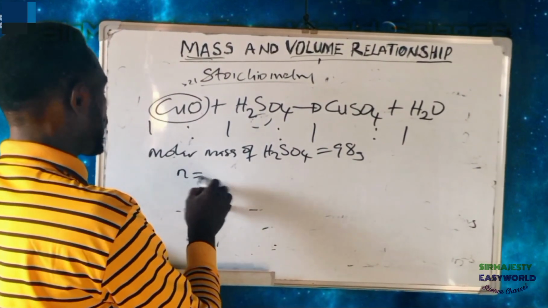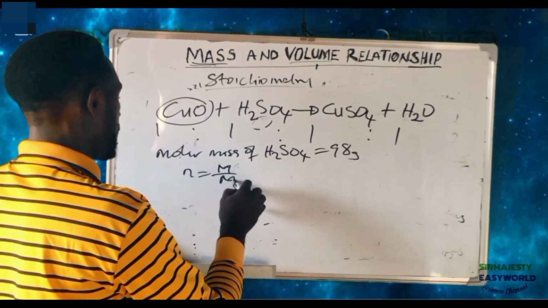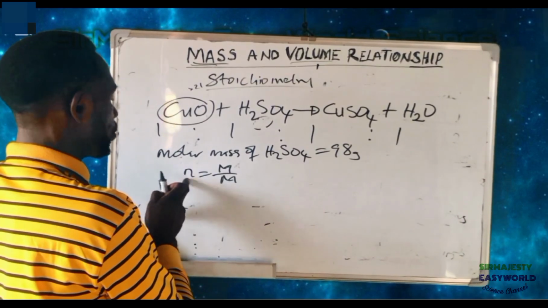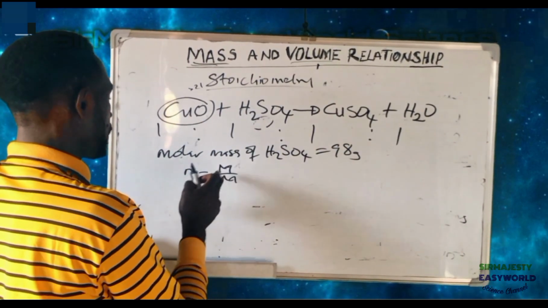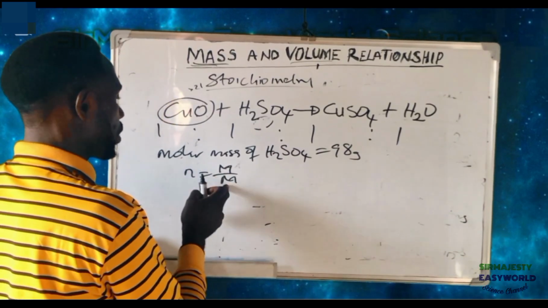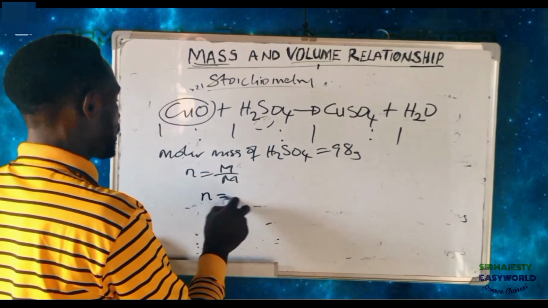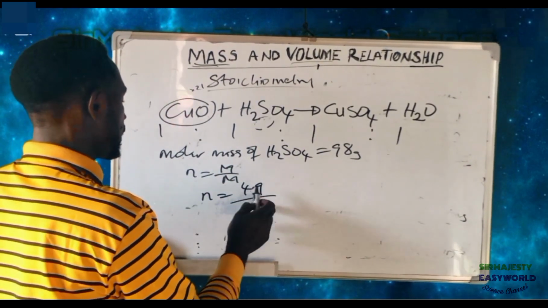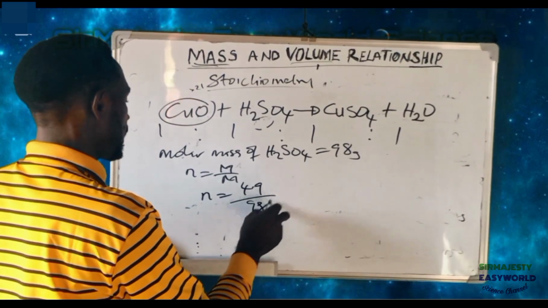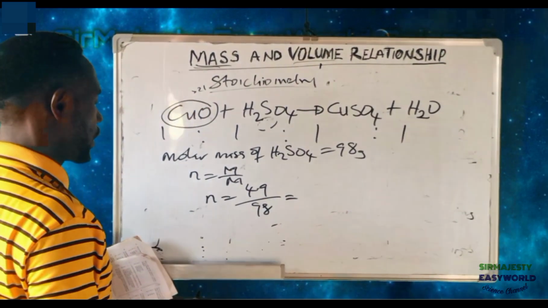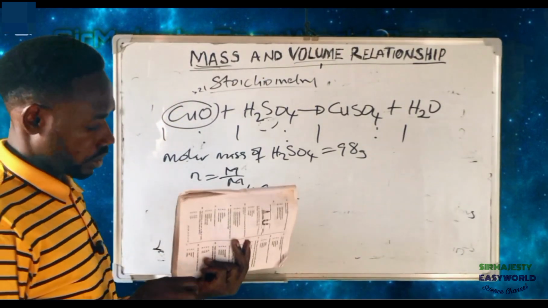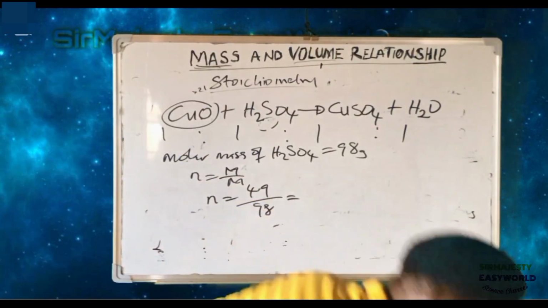Using n equals mass over molar mass, I want to know the number of moles represented by the mass given. The mass given was 4.9, the molar mass is 98. Therefore, n is equal to 4.9 divided by 98. This will give us a value of 0.05.